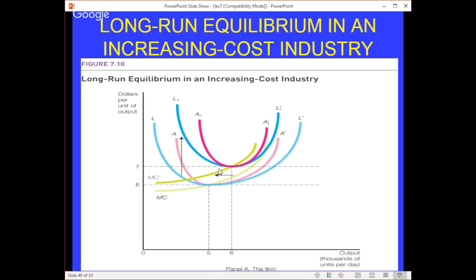But in this case, when the price goes up to 7, I demand more inputs, and the price in those input markets increases. So I go from 5 here to 6 here, and I have a new long-run average cost curve, a new short-run average cost curve, and a new marginal cost curve.